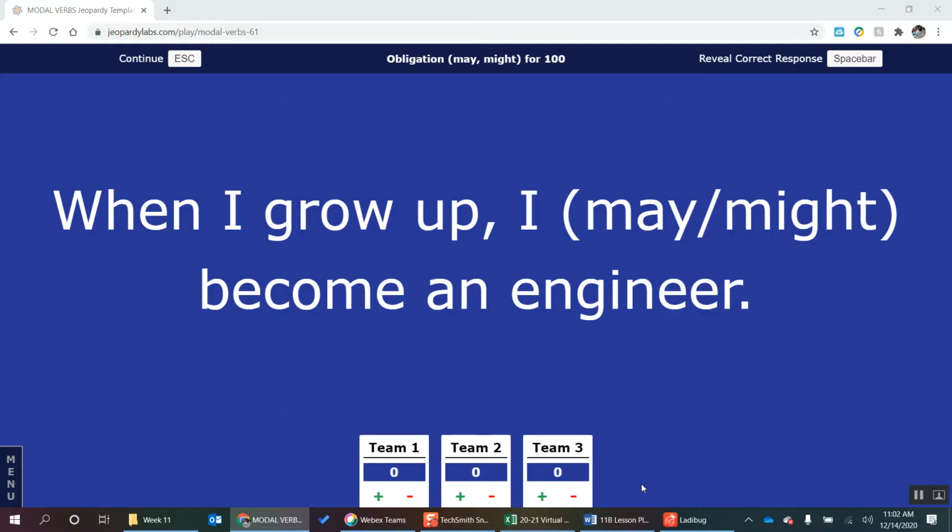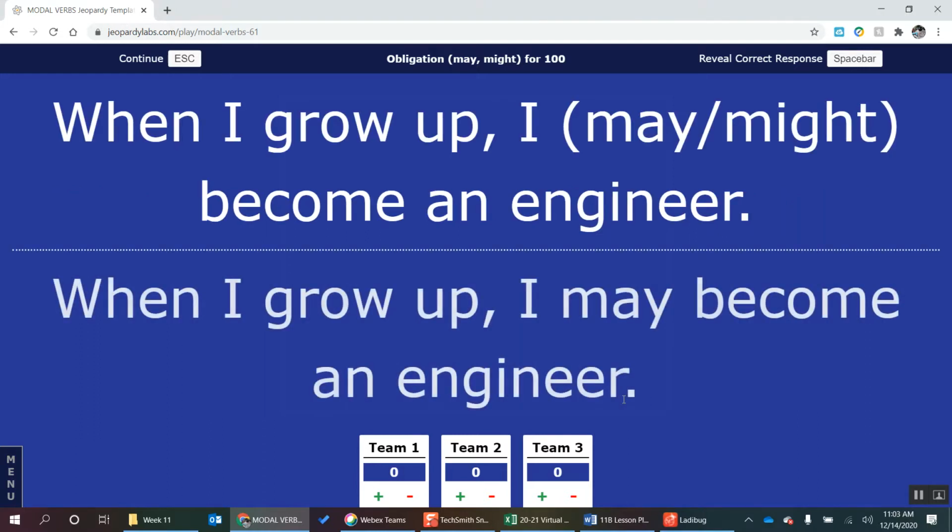Okay, so on this one, when I grow up, I blank become an engineer. So what do you think the answer is? The answer is, come on, show me. There we go. I may become an engineer.